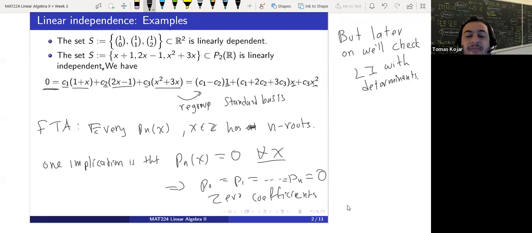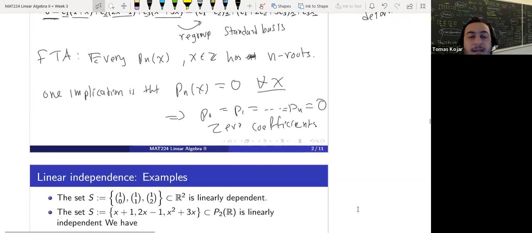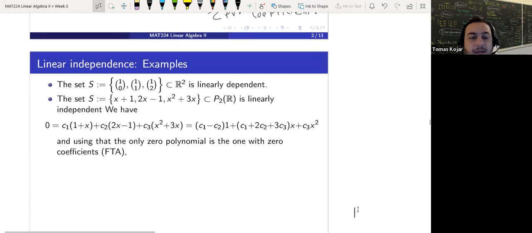Here it says that every x is a root, but it has exactly n roots, and the point is it cannot have infinitely many roots. Okay, yeah, every coefficient is 0, exactly. So let's see what relations we get.